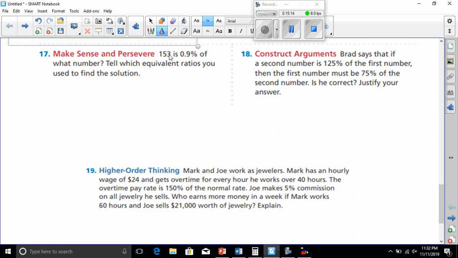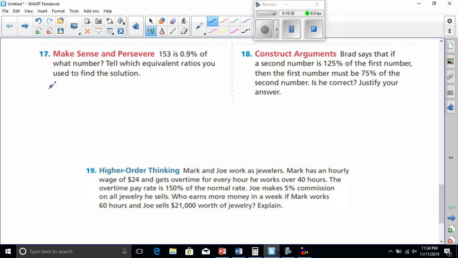Make sense of problems. 153 is 0.9% of what number? Tell which equivalent ratios you use to find the solution. 153 is 0.9% of what number? To solve this, I'm going to have to cross multiply.